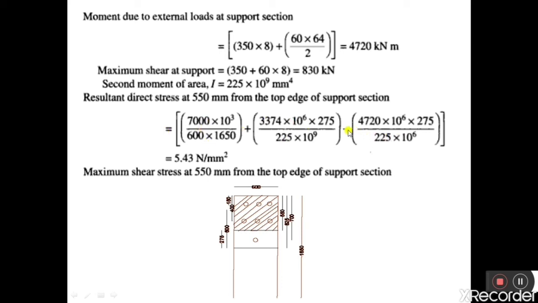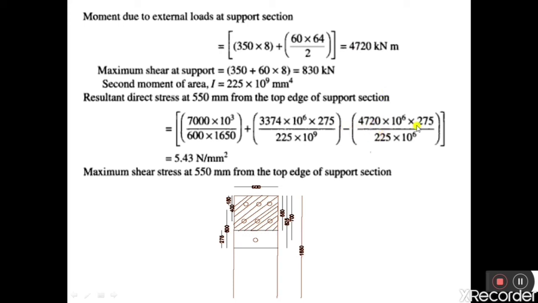Here it is minus because it is a cantilever beam. Therefore, the moment induced in the cantilever beam is always a negative bending moment, or it is always a hogging bending moment. Therefore, when we substitute, it will become minus 4720. Hence, here the sign is minus.